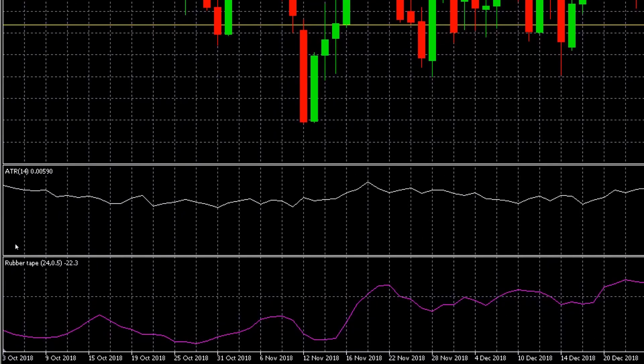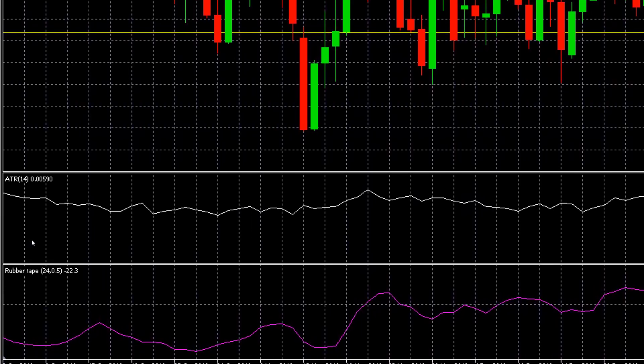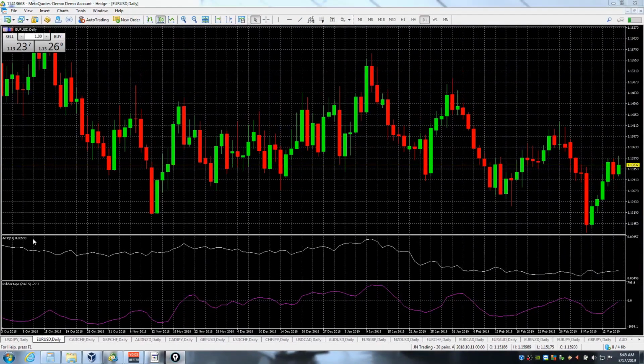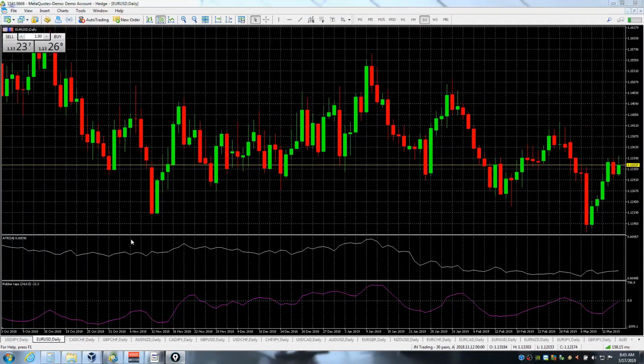So see, now you can see it says ATR 14.00590. So that is the current ATR. And back to Glassbrick, the way you zoom in is you hold down Control and you scroll your mouse wheel up, and that will zoom in, and you scroll it back down to zoom back out. Okay? Now, back to ATR.